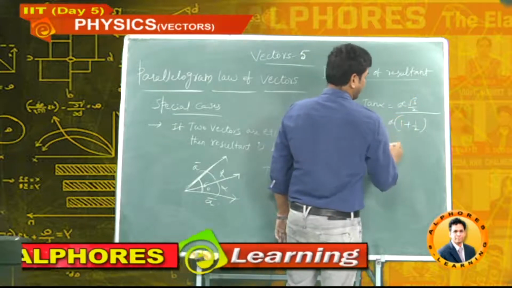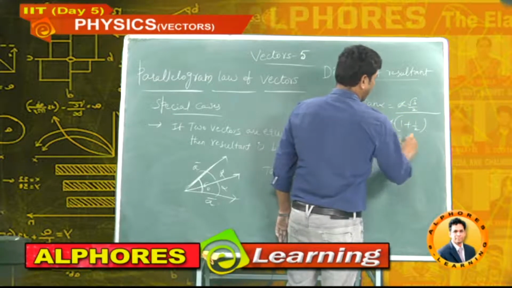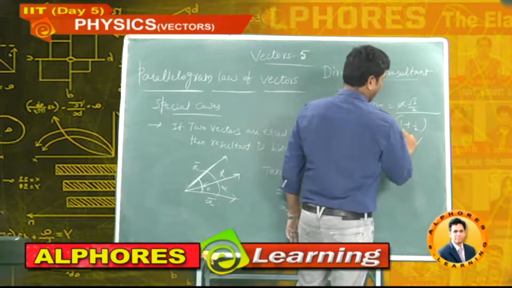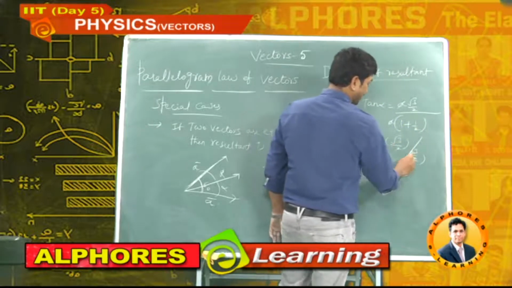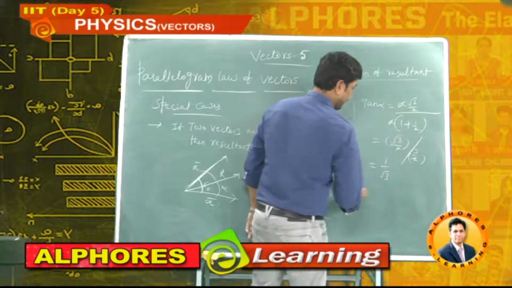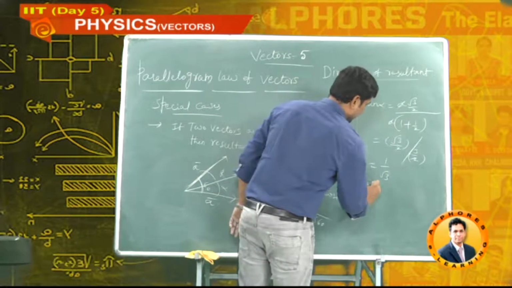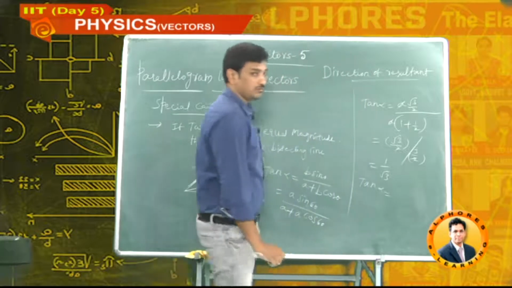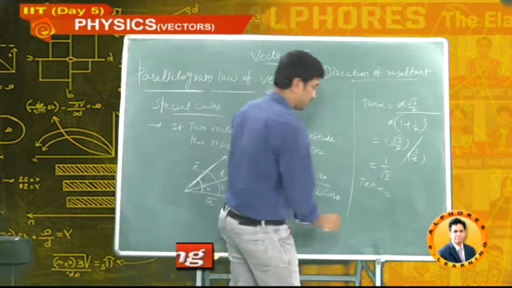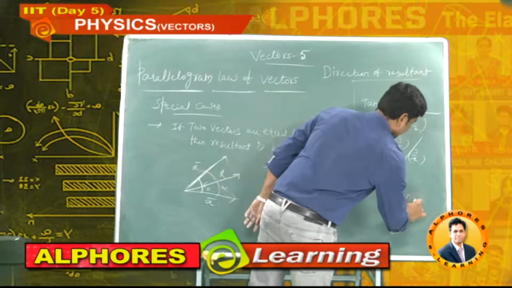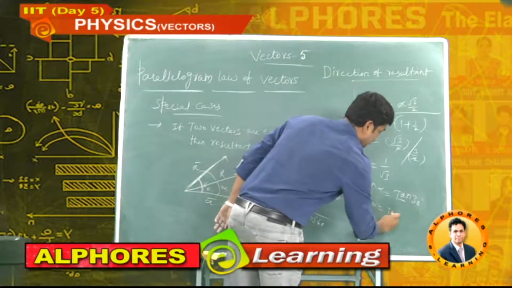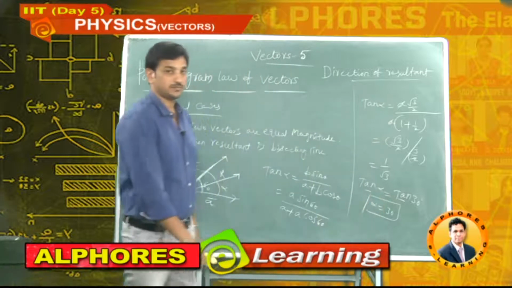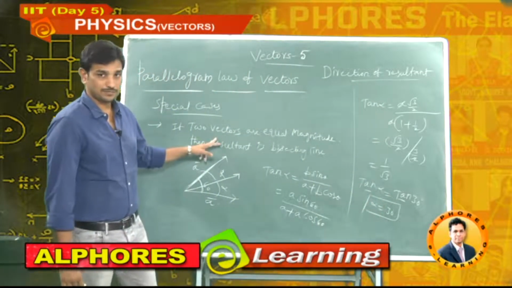Now A cancels, root 3 by 2 in the numerator, denominator 1 plus 1 by 2, 3 by 2, 2 cancels, root 3 by 3, 1 by root 3. Now tan alpha is equal to 1 by root 3. What is the 1 by root 3 value? Tan 30 degrees. Tan alpha value 30 degrees. Yes, my statement is correct.